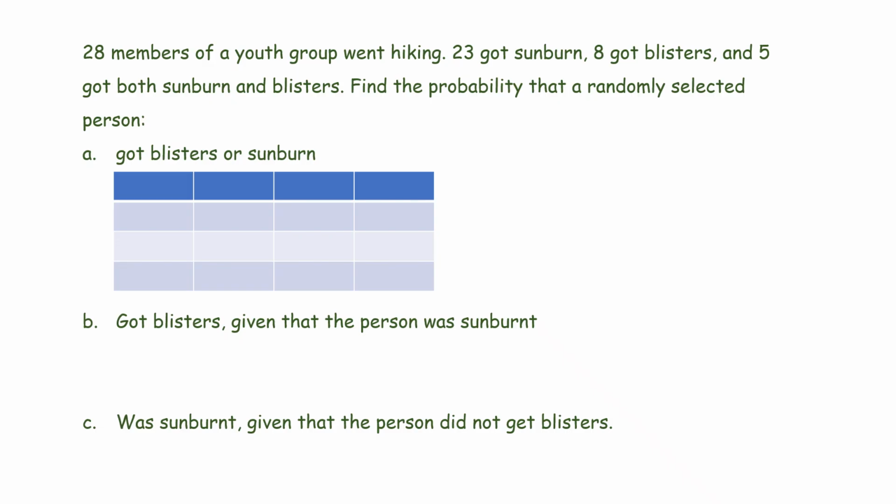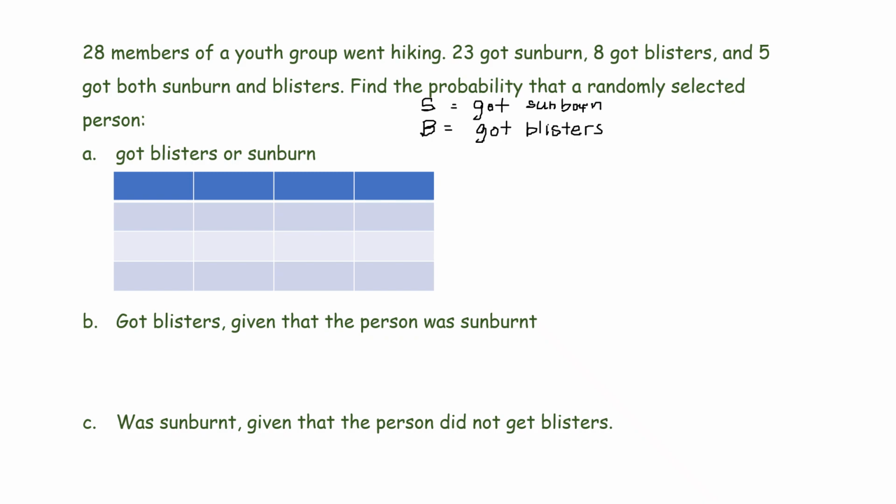Let's assign variables, okay? So those who got sunburn, let's call them S, got sunburn. And the number of people who got blisters, let's call it B, got blisters, okay?